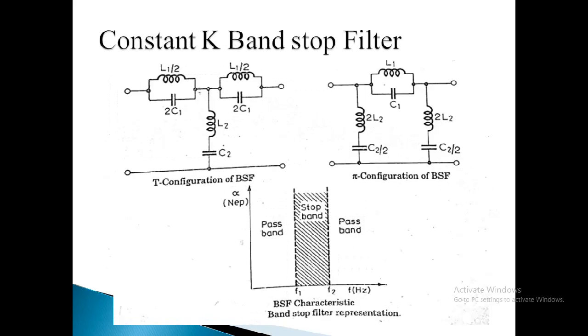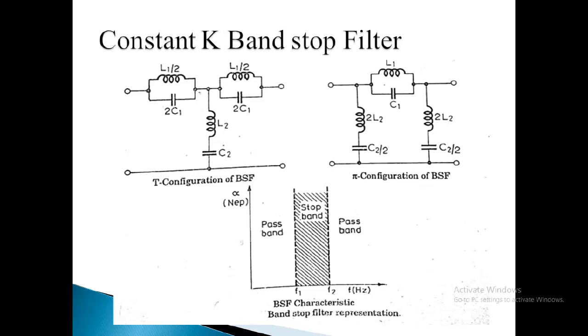Then constant K band stop filter or constant K band elimination filter. It is the reverse of the constant K band pass filter. Its series arm impedances are the parallel combination of inductor and capacitor, and shunt arm impedances are the series combination of inductor and capacitor.